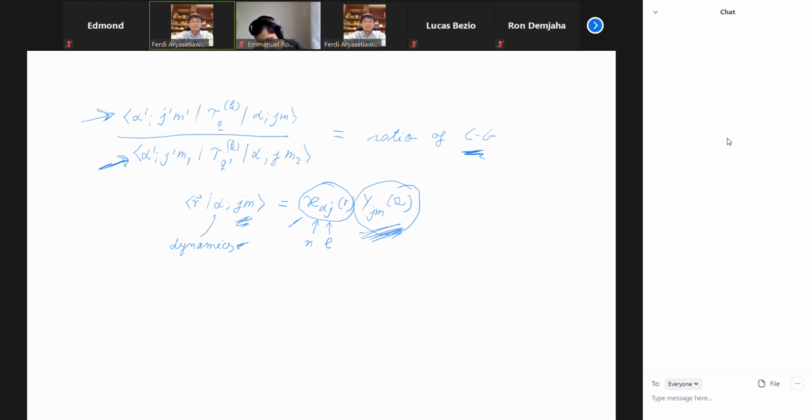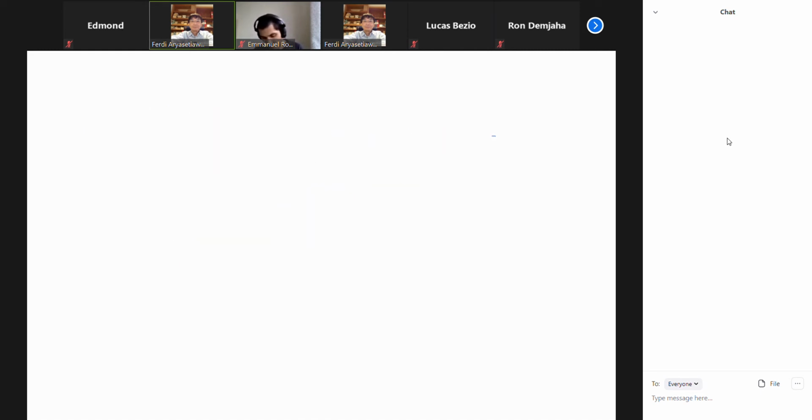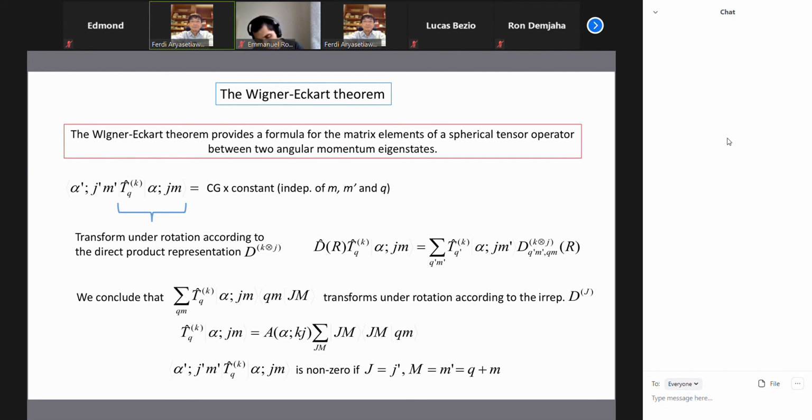It's an example. Okay, so how do we understand this Wigner-Eckart theorem? The Wigner-Eckart theorem can also be understood in terms of decomposition of the product representation into its irreducible components, just like when we form a product of two angular momentum states or a product of two spherical tensors.